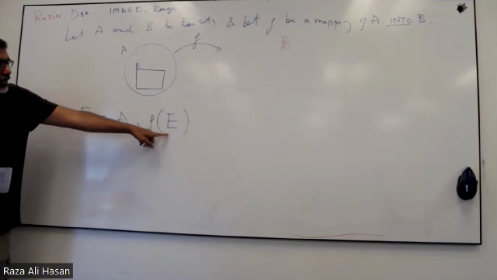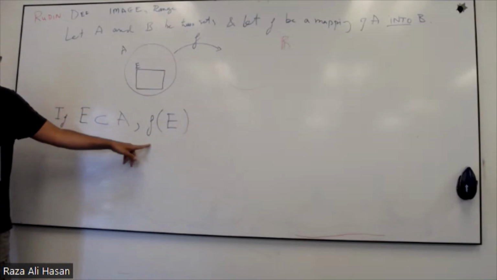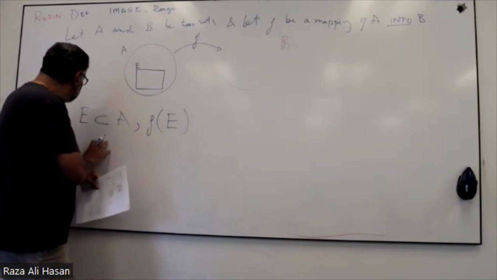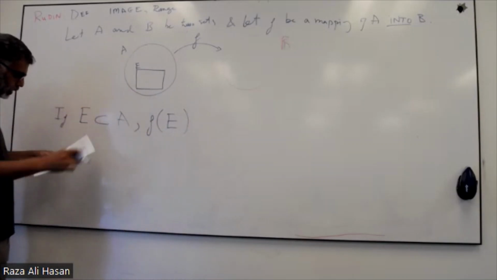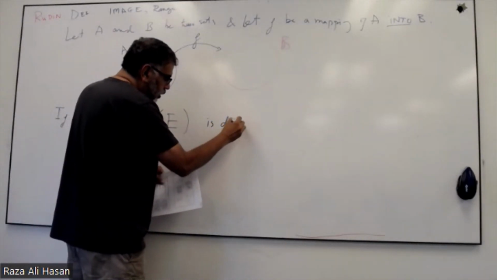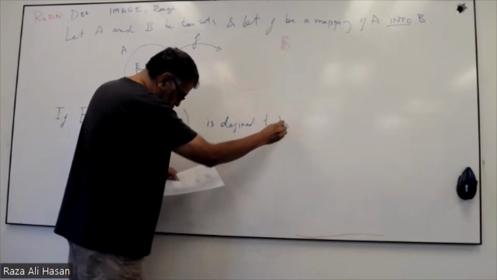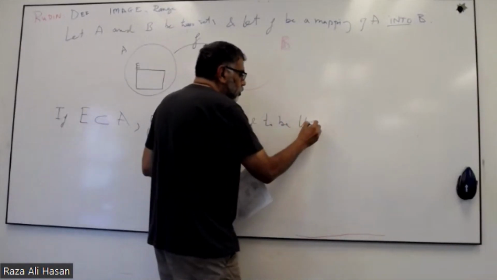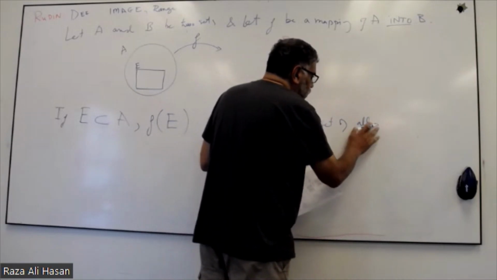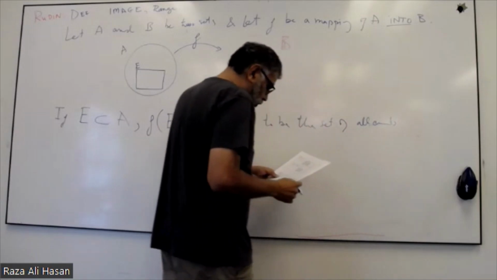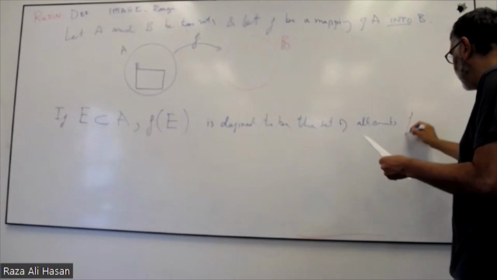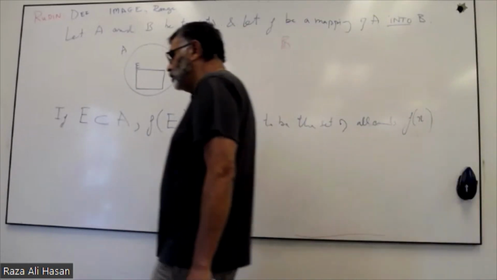We are putting the set E as the input to function F. So if E is a subset of A and sitting there, then F of E is defined to be the set of all elements F of x.